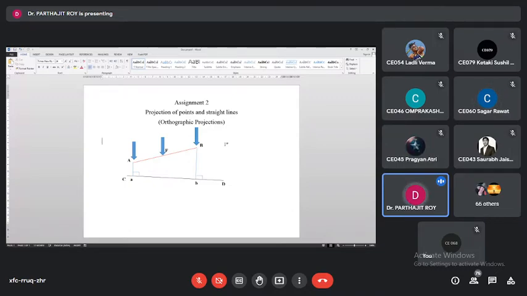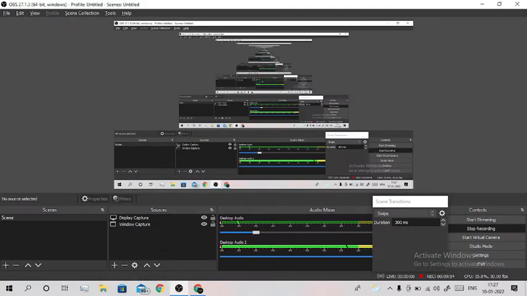We don't need to find all the intermediate points individually. Am I clear? So with this little bit of idea, let's proceed with our projections in terms of engineering drawing. I'm keeping all these arrows aside; we'll require these things later on.